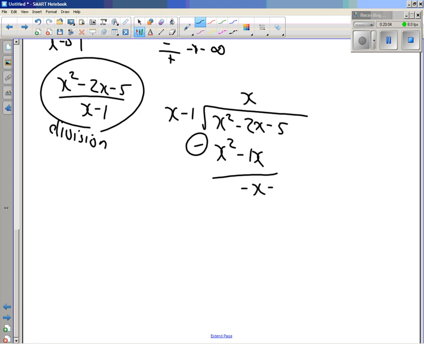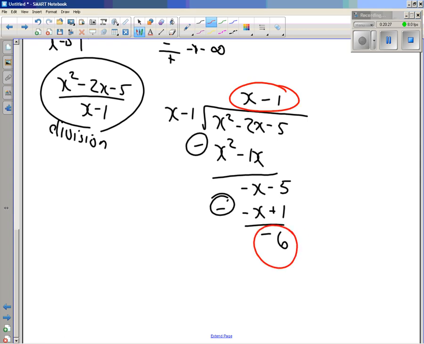We bring down the 5, and we have times negative 1. So we do long division on this polynomial. We have our quotient up here. We have our remainder.